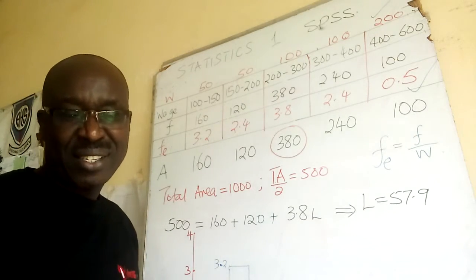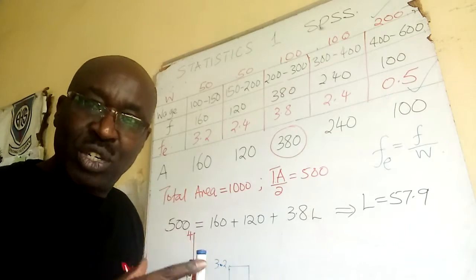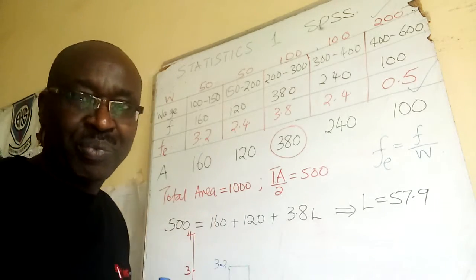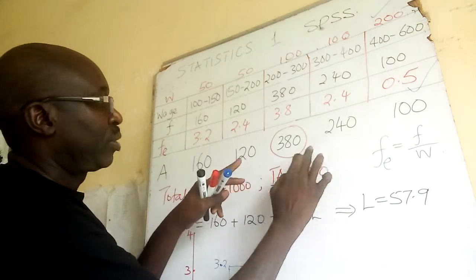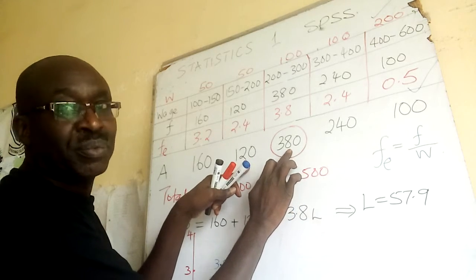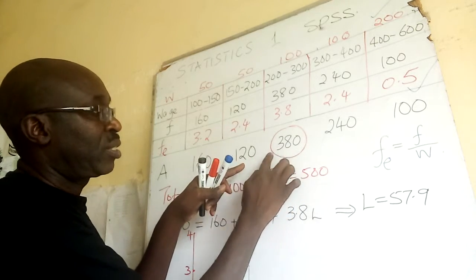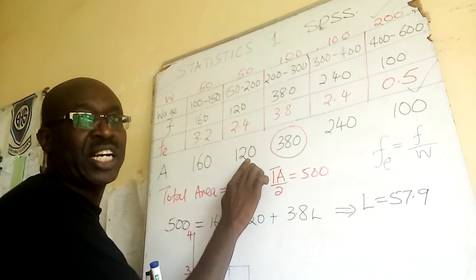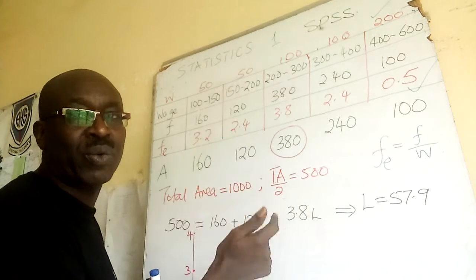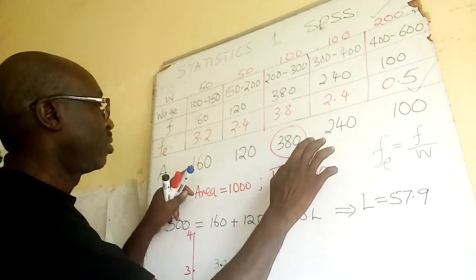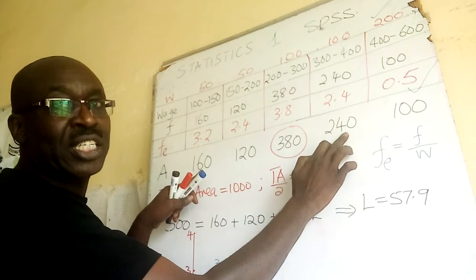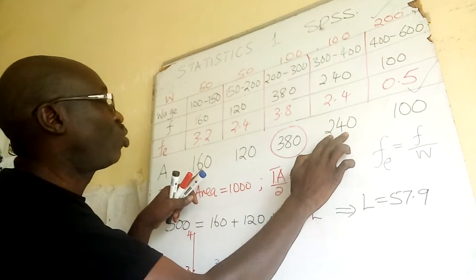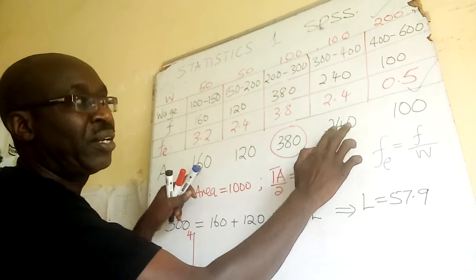Get the areas. From those areas, add them quickly. This and this gives us 500: 80 and 20 is 100, 3 and 1, 4 plus 1, 5. This and this: 40 and 60, 100, then 2 and 1, 3, 400.